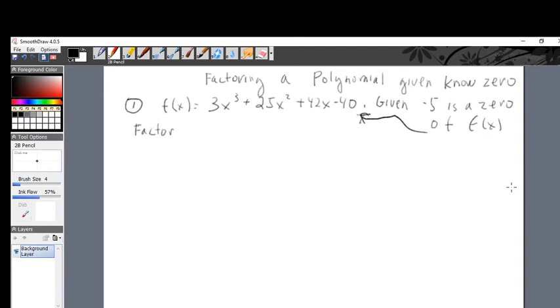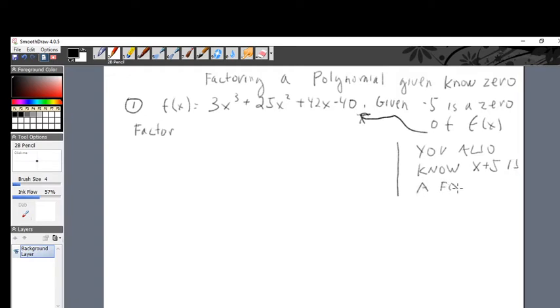Okay, so if you know that negative 5 is a zero of the polynomial, then automatically you also know that x plus 5, not x minus 5, the opposite of that negative 5, is a factor of the polynomial.